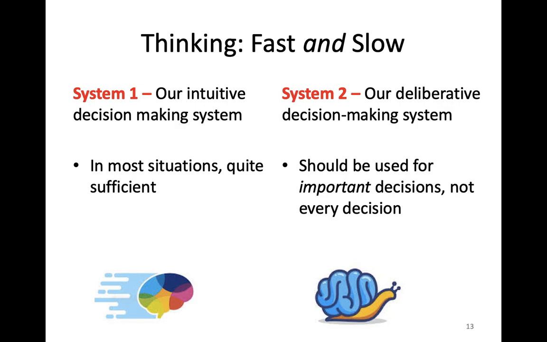Our system 2 thinking should really only be used for our most important decisions, not every single decision. It wouldn't be functional at all to go through our life going through that 6-step process to think about every single decision that you needed to make. So most of the time, if you think about the hundreds of small decisions that you need to make throughout your day or throughout your week, we use our System 1 thinking.